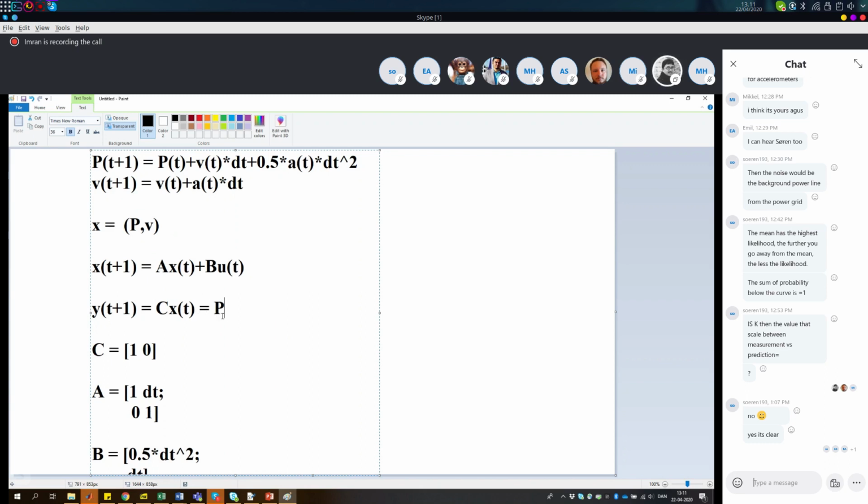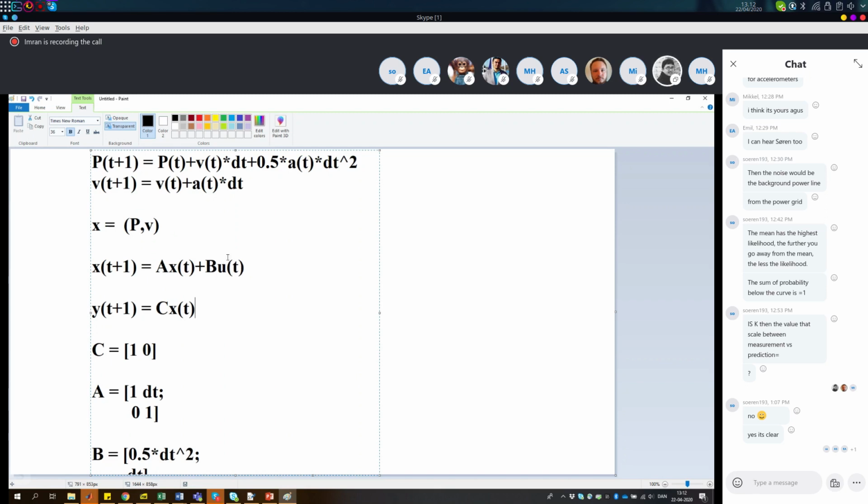And how do I get this position? That is from the GPS signal. So if you can see this kind of system, you have u, which is your acceleration.